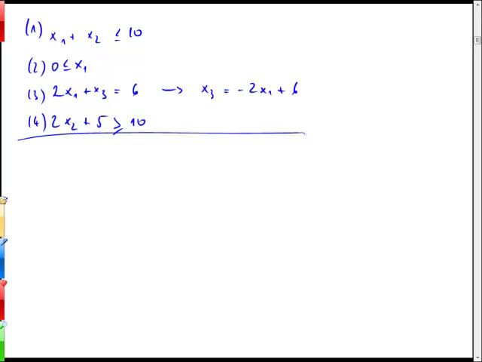What is the first thing I have to decide? I want to eliminate a variable. Which variable to eliminate? In this case, it would be the cheapest one.